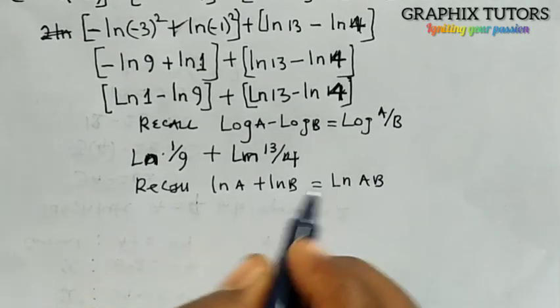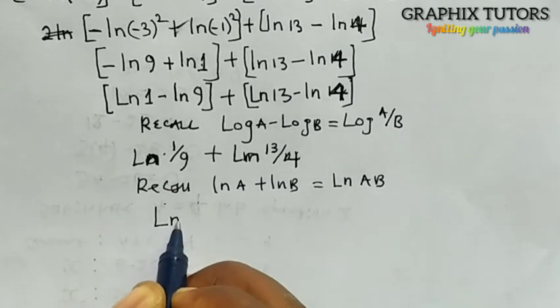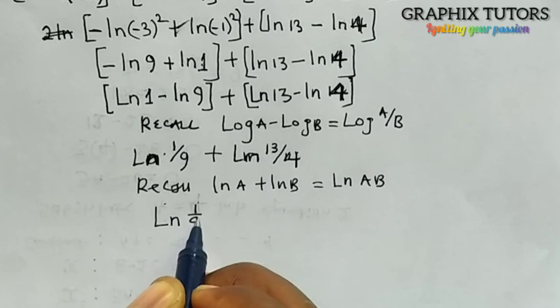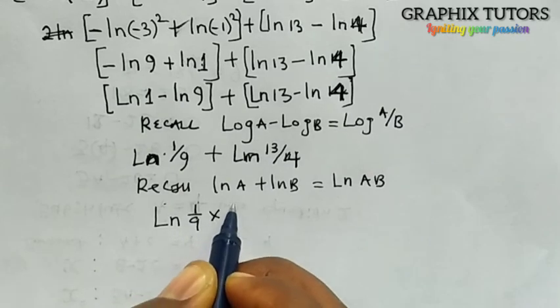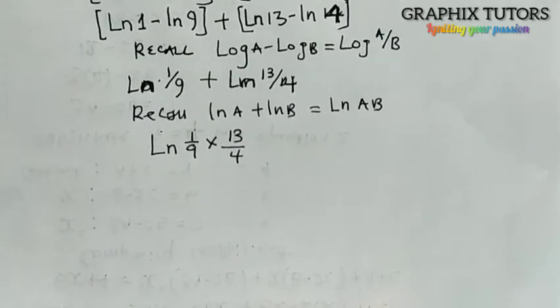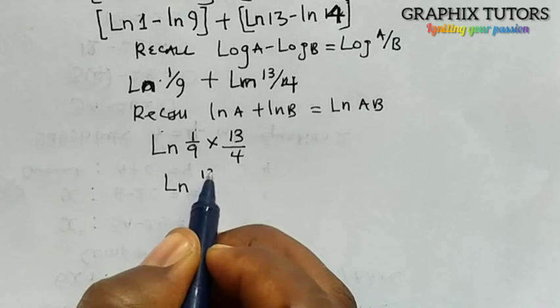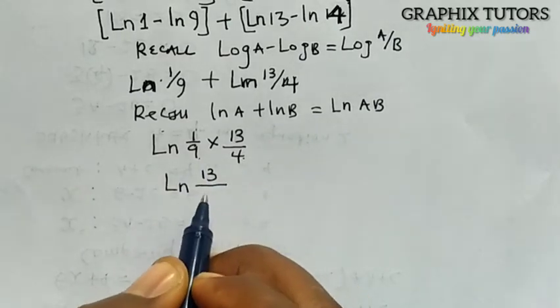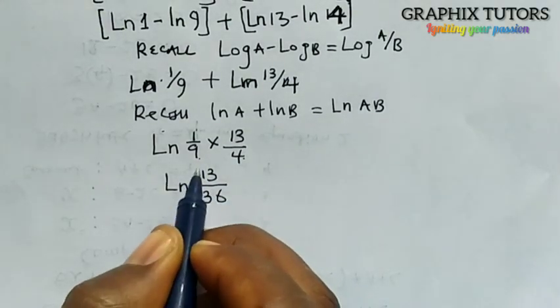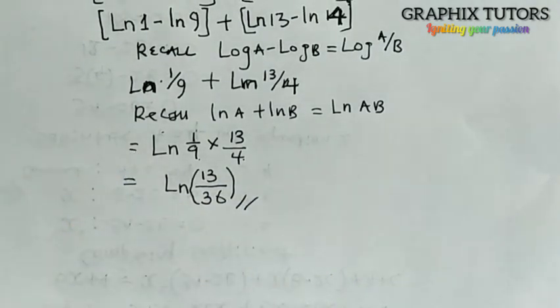So from here, I'm going to move forward. And this will give us ln 1 all over 9 multiplied by 13 all over 4. And that will now be ln 1 times 13 is 13, 9 times 4 is what? Is 36. So we have proved our answer here. Is that okay now?